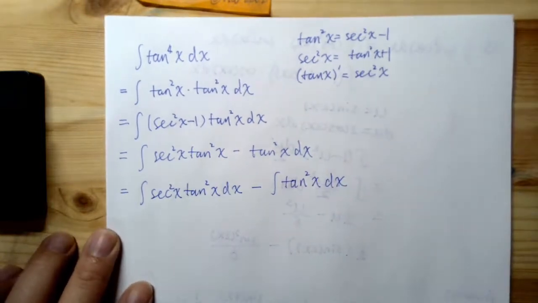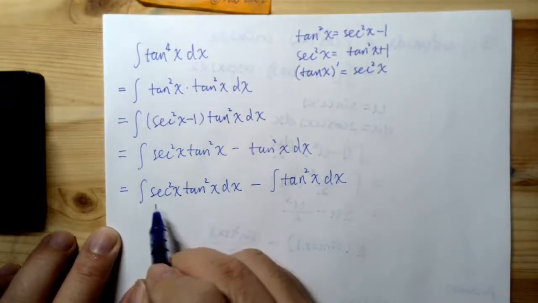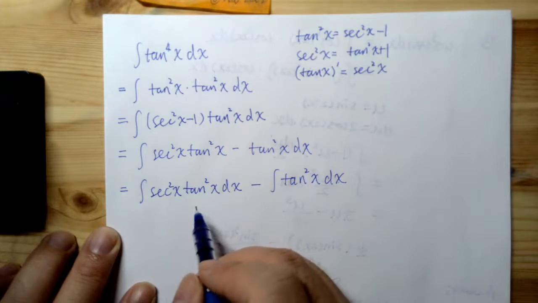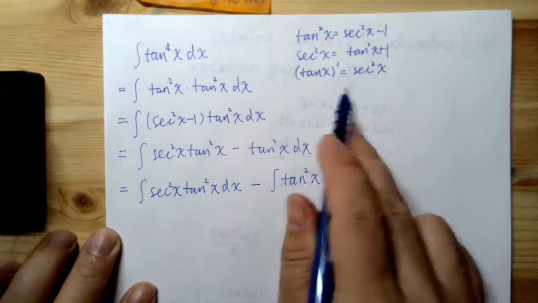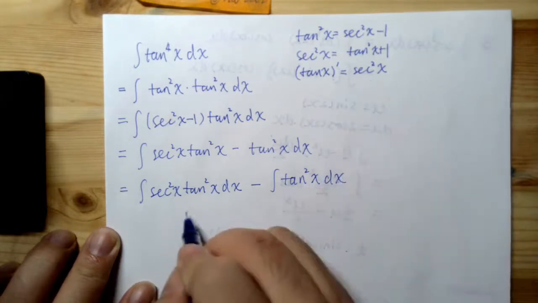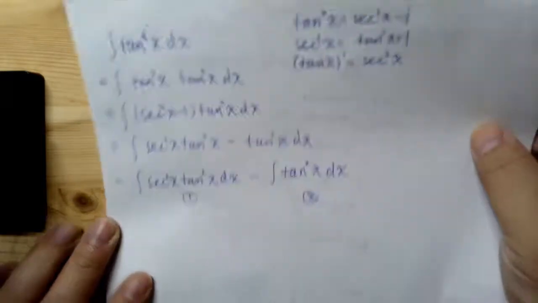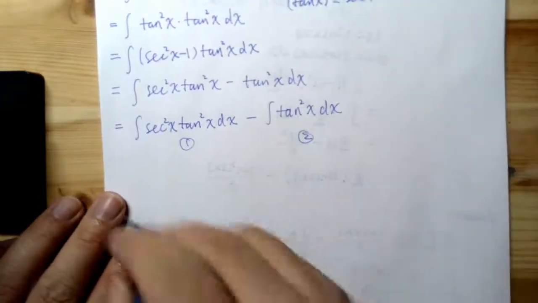So now for the first one, we can make a u substitution. Maybe let's talk about integral 1 and integral 2 separately.